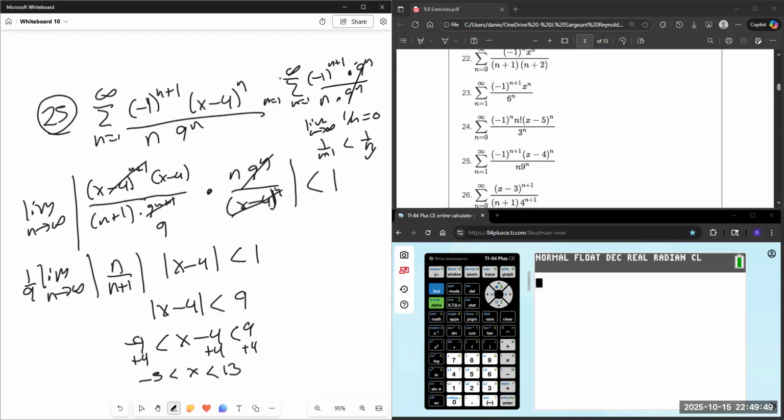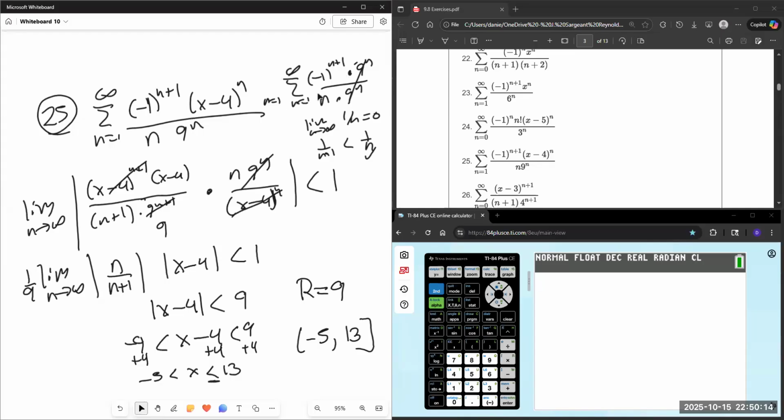So it is conditionally convergent, because it's an alternating series on the right-hand side. So my interval of convergence is negative 5, open on that side, to 13, closed on that side. And my R, if I need it here, was 9, because I solved for the absolute value there and it was 9.